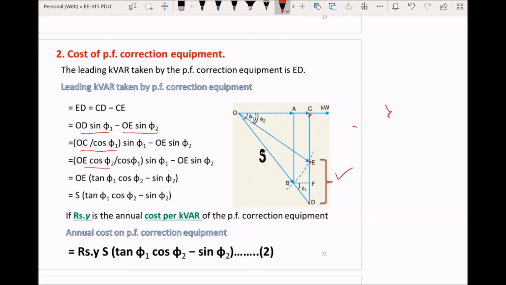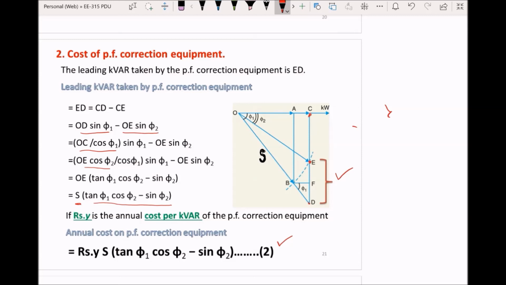So the final expression is S times tan phi 1 cosine phi 2 minus sine phi 2. So with that, if rupees Y is the annual cost per kVAR of reactive power of the power factor correction equipment, then the annual cost will be equal to equation number 2.